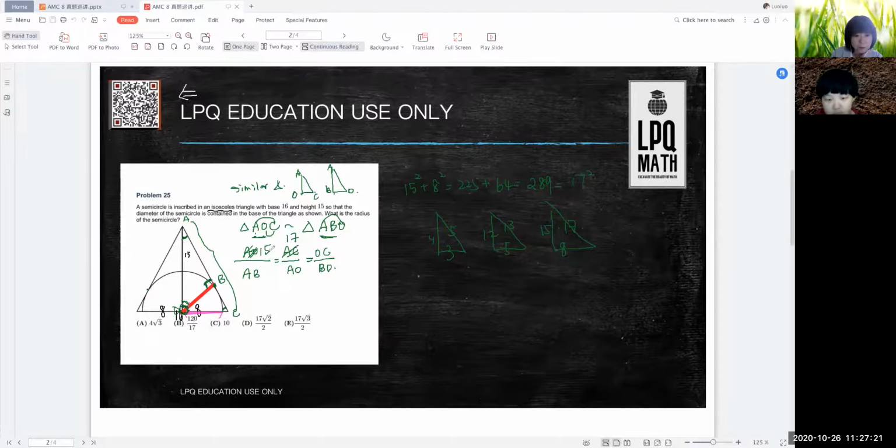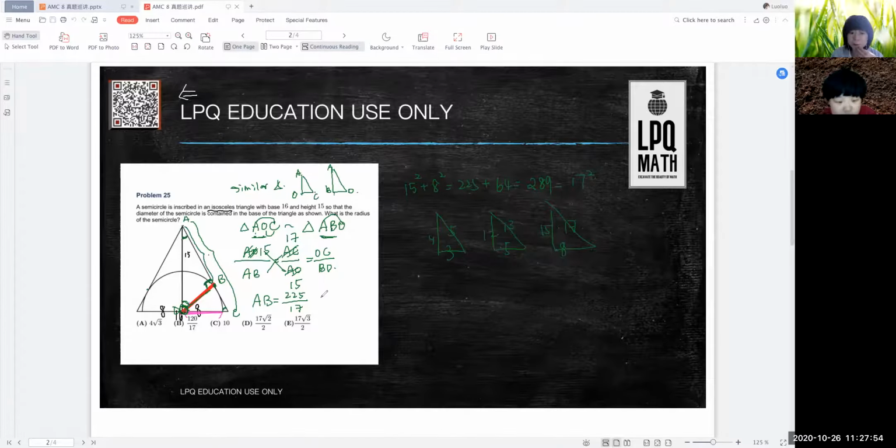Okay, so we have AO, do we know? Yes, we know it is 15. So by knowing AO equals 15 and AC equals 17, can we calculate AB? Yes, it's the cross-multiplication method, right? Is it 225 divided by 17? Okay, now we already know AB, right? If we know AB, is it possible to find OB?